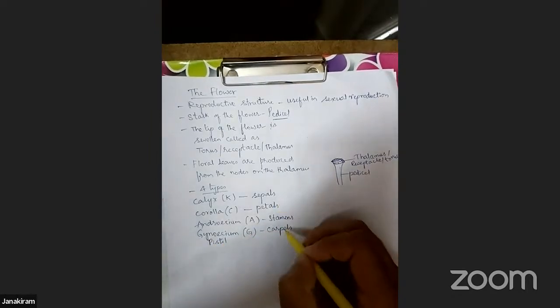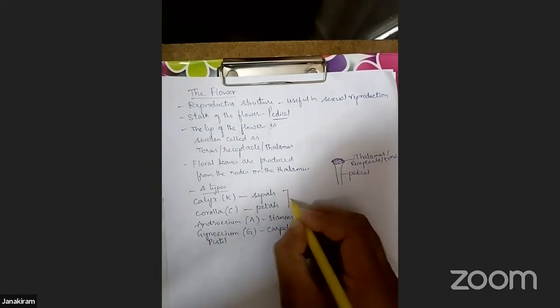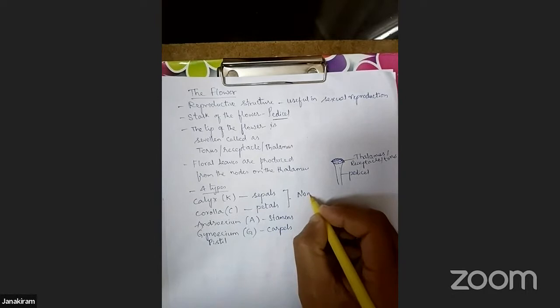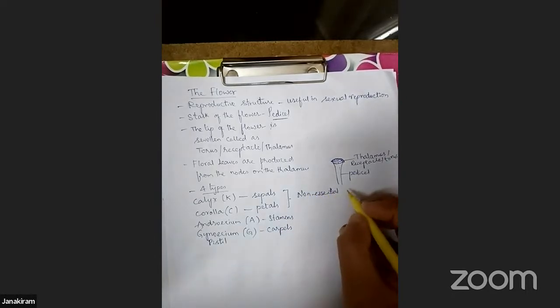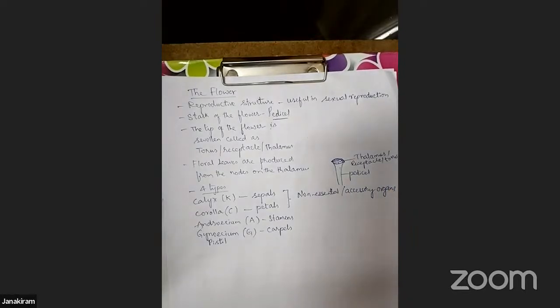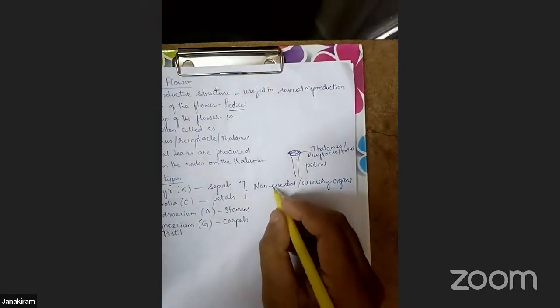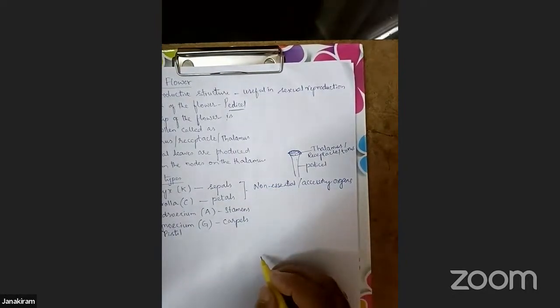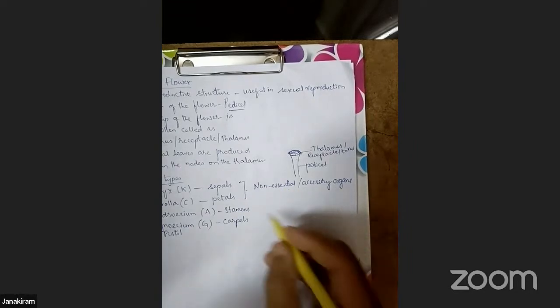The sepals and petals are generally considered non-essential organs, or these are called accessory organs. Why are these called accessory organs? Because these structures are not directly useful in sexual reproduction. That's why these are called non-essential or accessory organs.